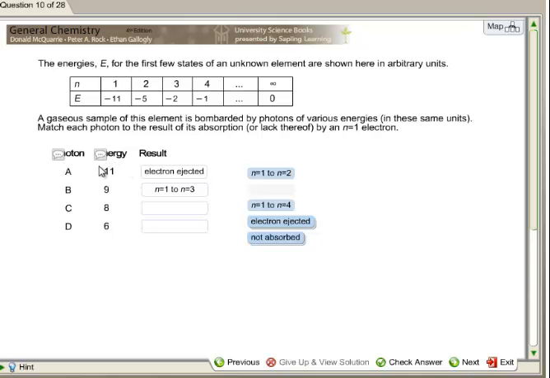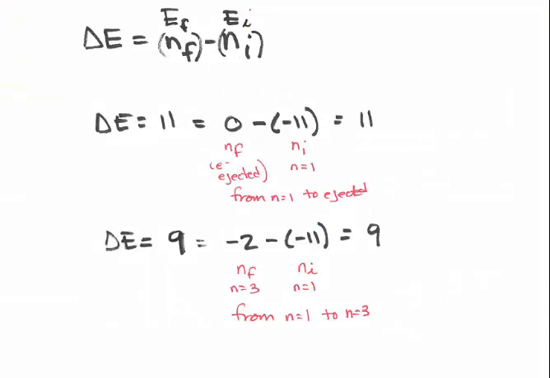So let's look at photon A. It has an energy of 11. If we look at the change in energy of this electronic transition, delta E, it's going to be the final energy minus the initial energy. For this photon, our initial energy is always going to be -11 because it's always starting out in the first energy level.